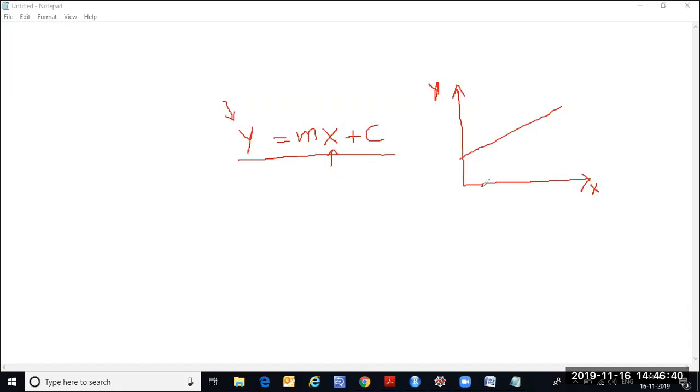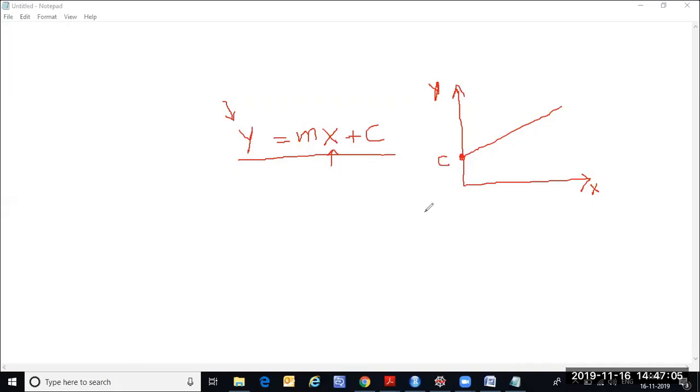No. C is nothing but the intercept value. Intercept is the point at which your straight line y is equal to mx plus c intersects the y-axis. That is your c.